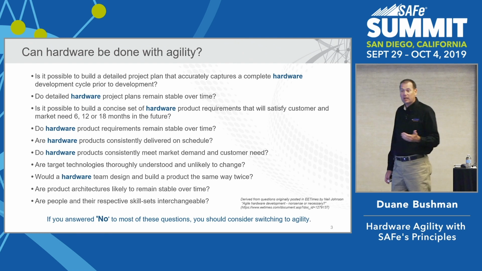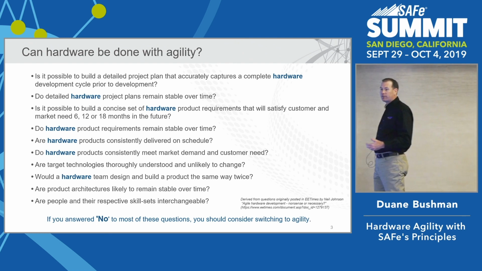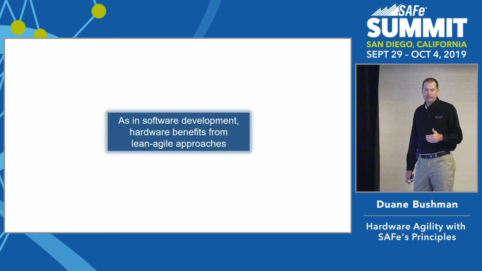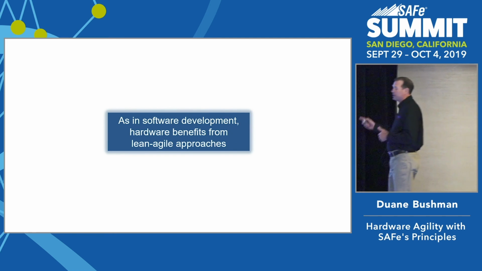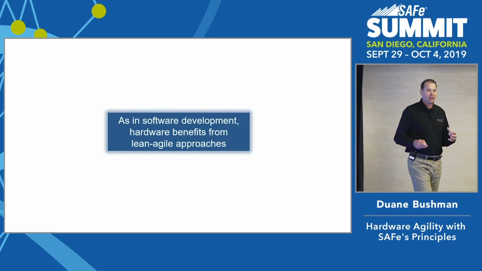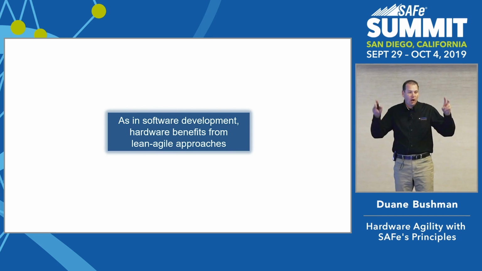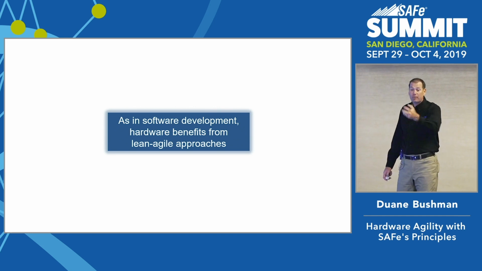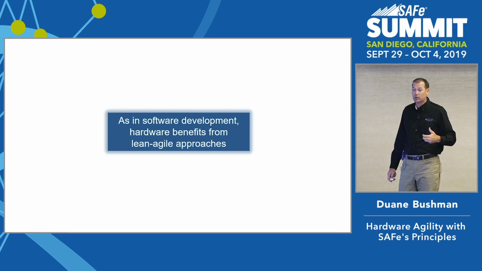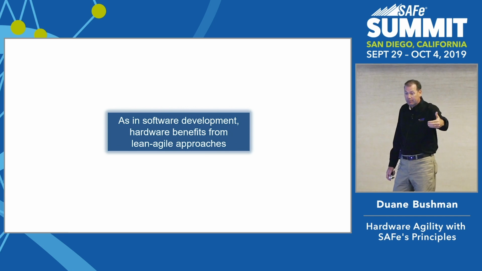Now let's talk about that aspect, because just like software, we can benefit in the hardware world from applying the principles. I've worked with some hardware-centric trains in the past, polling them and saying, in one, two, three words, what benefits did you get from the last PI or the PI plus one?